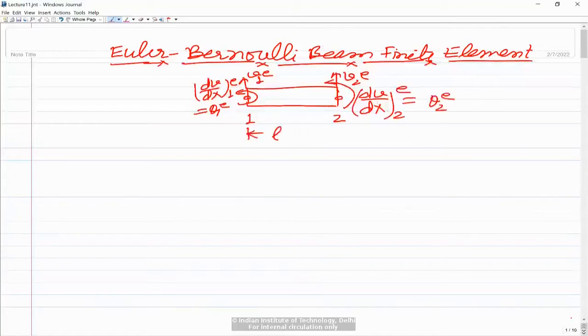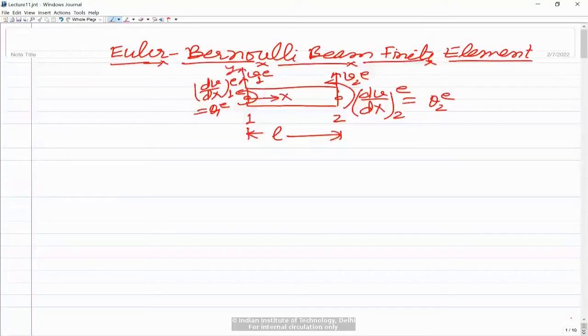These are nothing but the primary variables, and we are keeping these primary variables as degrees of freedom, so that during the assembly we can impose the continuity of these primary variables. So these are the four degrees of freedom for the element as a whole. So we have to assume a polynomial with four terms in the approximate solution, v equal to a0 plus a1x plus a2x square plus a3x cube.